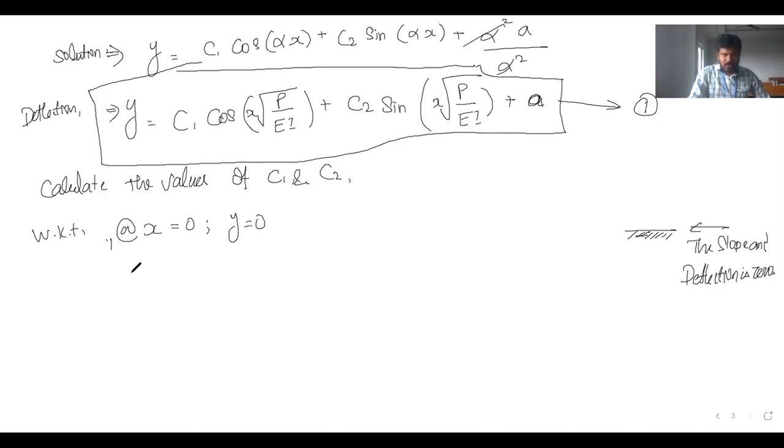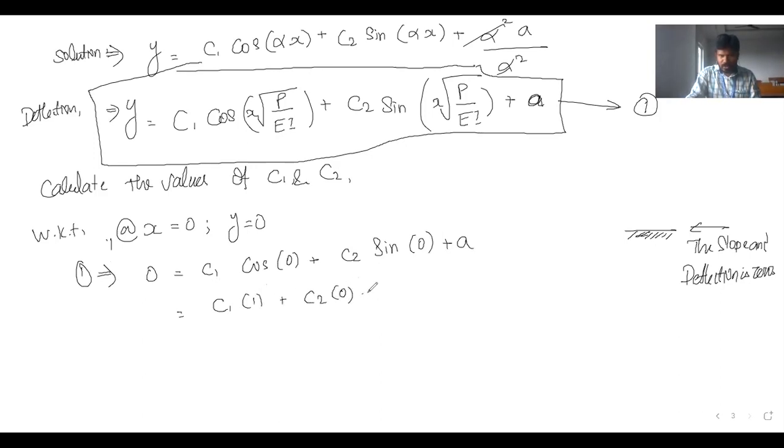Substituting in equation 1: 0 equals C1 into cos 0 plus C2 into sin 0 plus A. Cos 0 is equal to 1, so C1 into 1 plus C2 into sin 0, which is 0, plus A. Therefore, C1 becomes minus A.